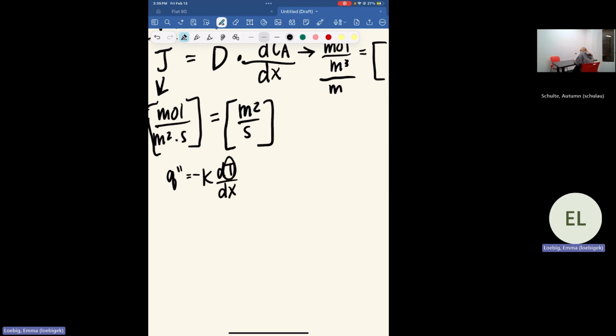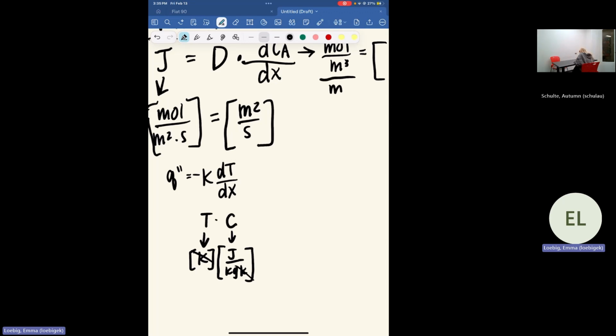If we want to relate our temperature term to be in terms of energy, we need to multiply temperature by the heat capacity. Temperature is in units of Kelvin. Heat capacity is in units of joules per kilogram Kelvin. Multiplying this across, we see that our kelvins cancel and we're left with units of joules per kilogram.